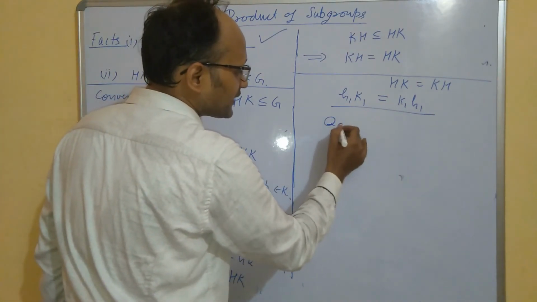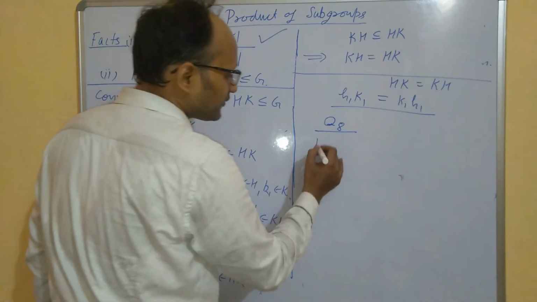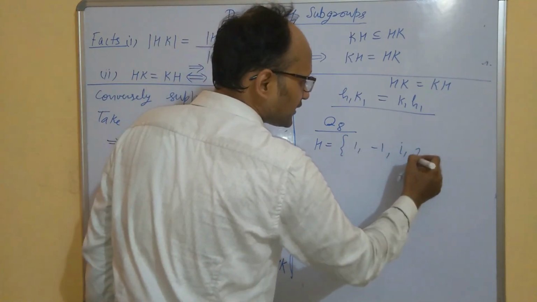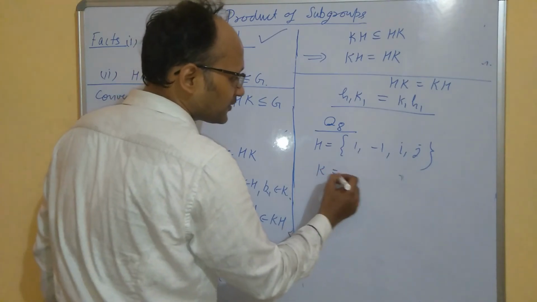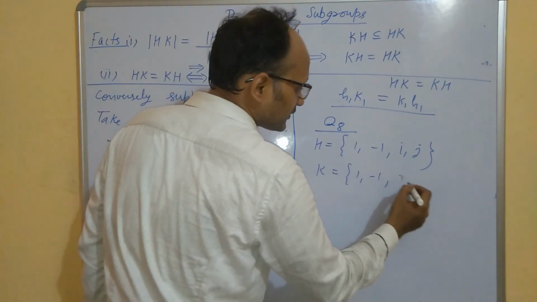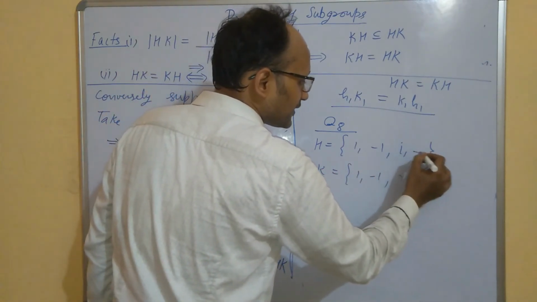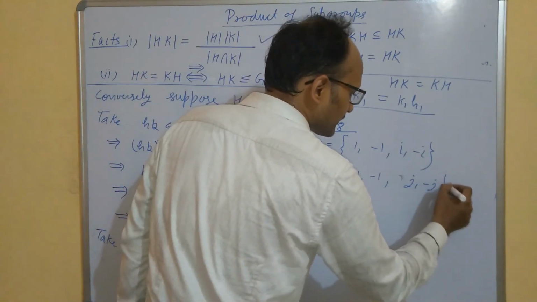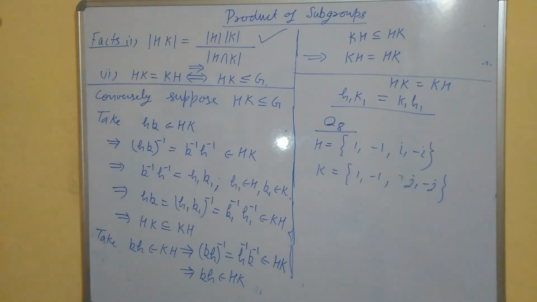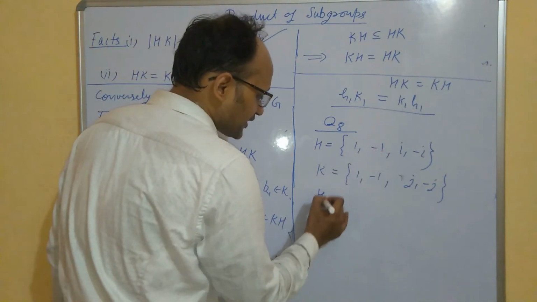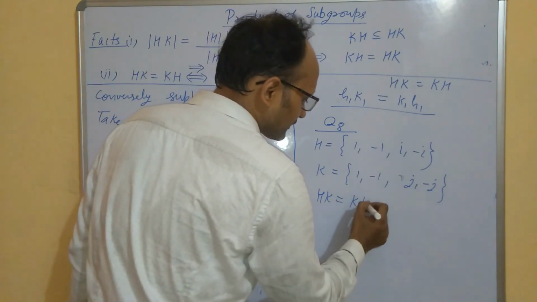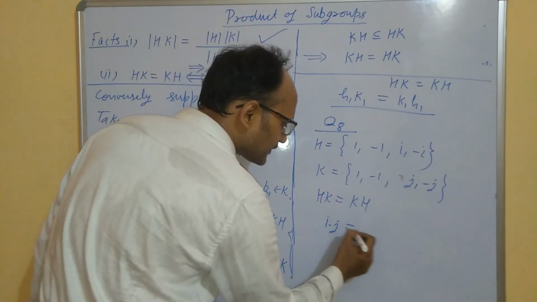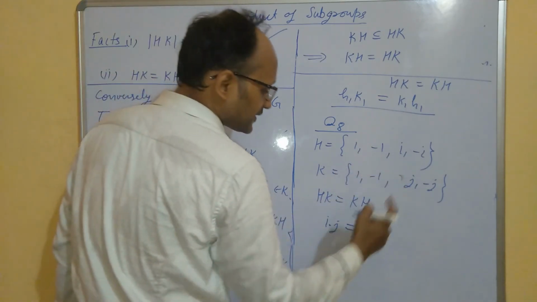We have taken another example Q8, and in Q8 we have taken H to be 1, minus 1, I, minus I, and K to be 1, minus 1, J, minus J. As you can see that HK is equal to KH, but what is I into J? I is an element here and J is an element here.